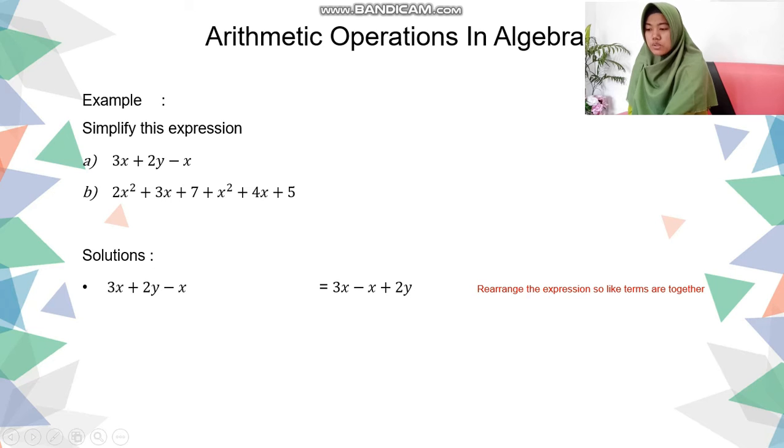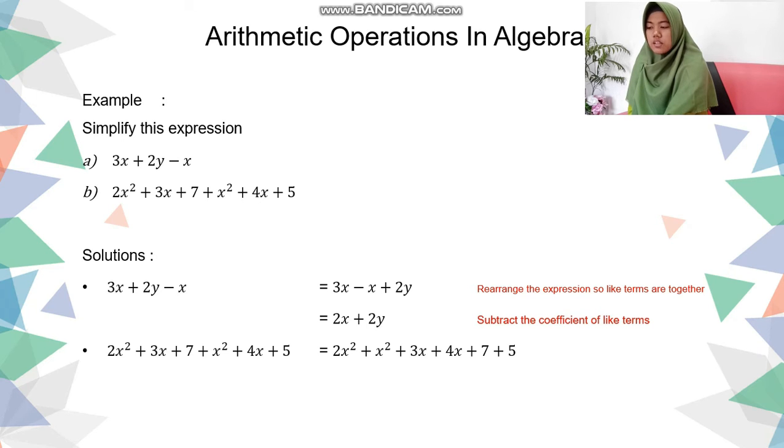It is equal to 3x minus x plus 2y, equals 2x plus 2y.